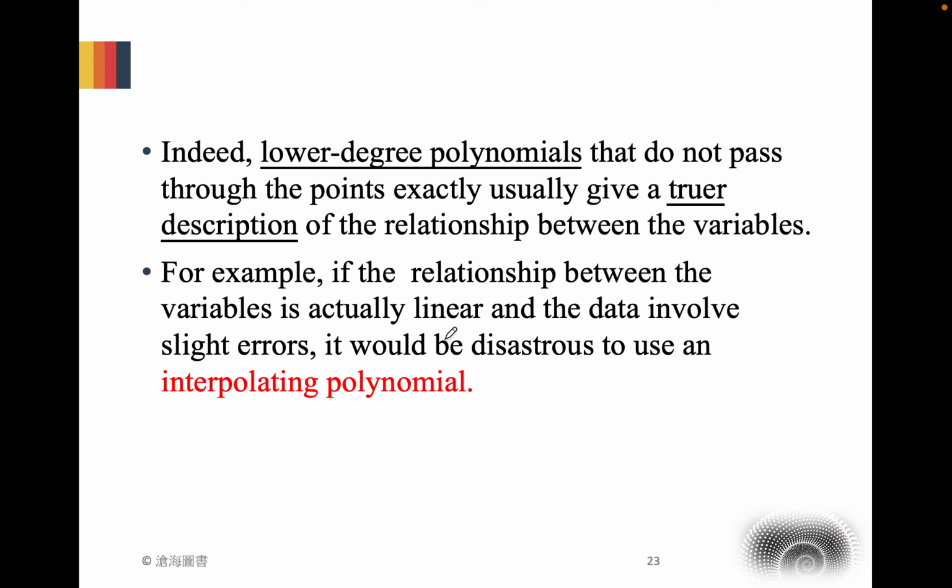Okay, so indeed, lower degree polynomials that do not pass through the points exactly usually give a truer description of the relation between the variables. Because to get the data points, we would measure, for example, the temperature.